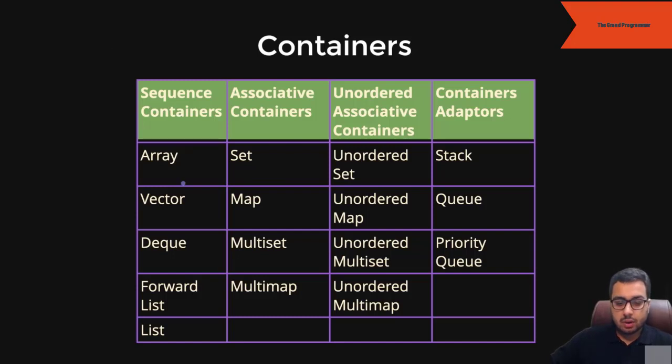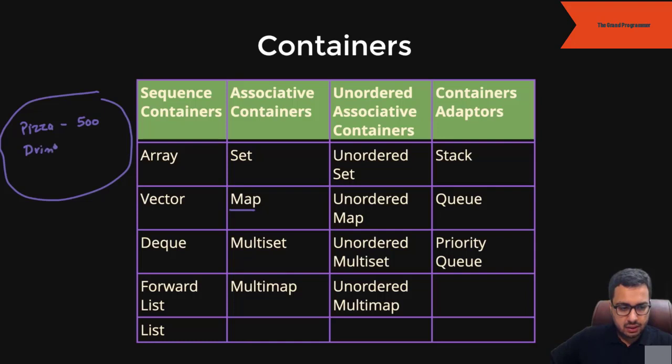So next thing we want to talk about is a map. So what is a map? Map is a container that is used to store a collection of key value pairs. For example, you are in a restaurant and you have to order certain items. Let's say you want to order a pizza that costs rupees 500, and maybe you want to order a drink that costs rupees 100, or maybe you want to order something like noodles that costs rupees 200.